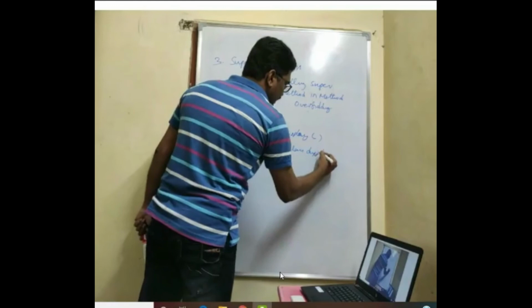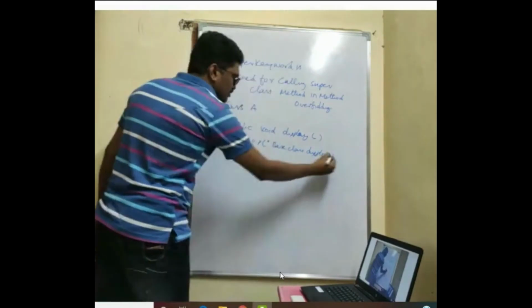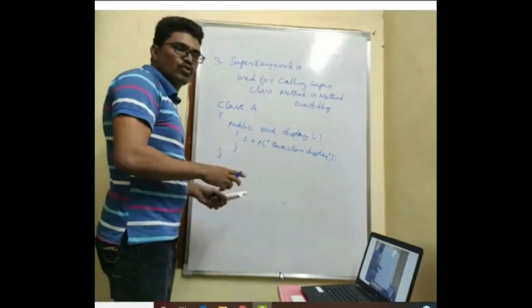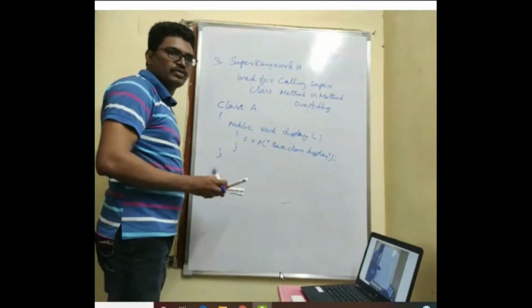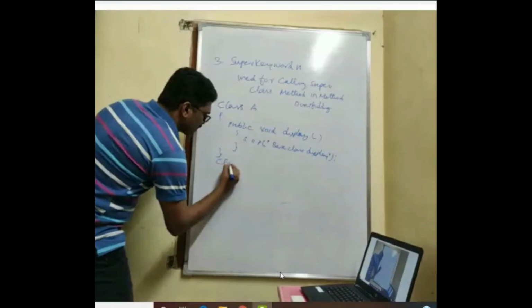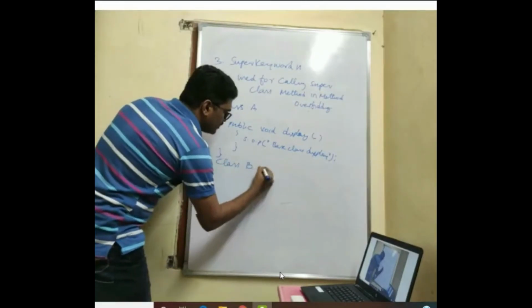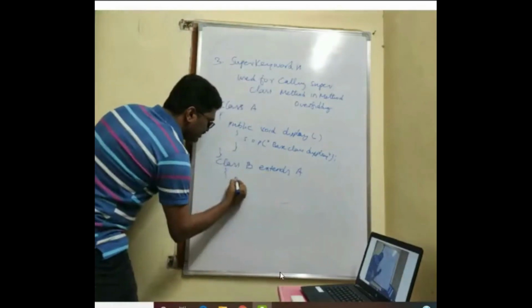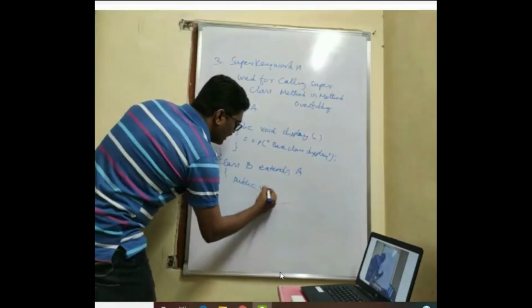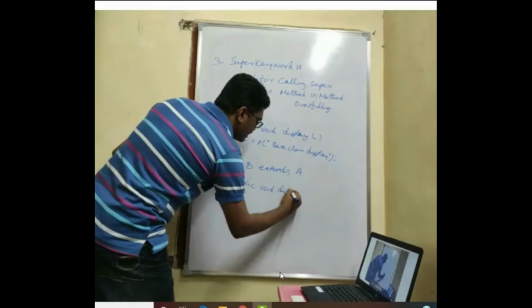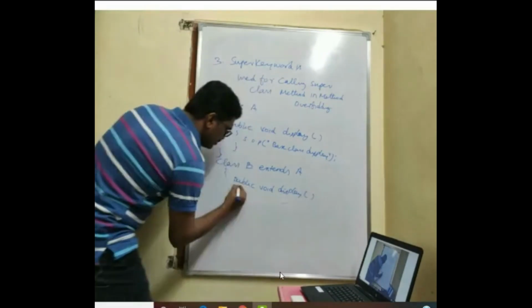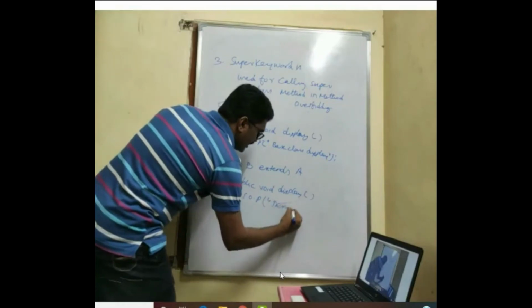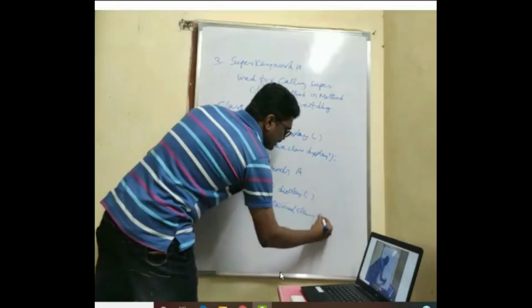Is that right? Okay, I'm not taking more lines of code to make it simplified and to make you understand the concept. So now class B extends A. I write the same public void display. Everything is same. I'll write system.out.println derived class display.